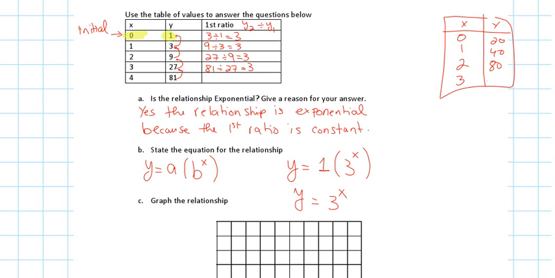Let's say we have this example, right? I do my first ratio to find my base, so that's 2, 2, 2. My equation is going to be y equals 20 times 2 to the power of x. My initial value is 20 because that's the one that belongs to the 0. My base is 2 because my ratio is 2. Okay? So this is another example where it gives you an initial value that's not equal to 1.